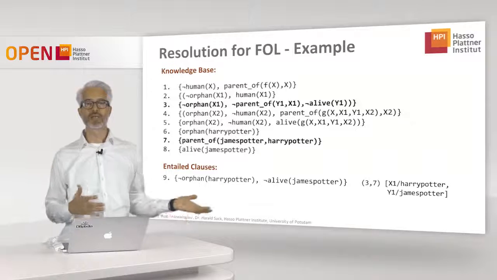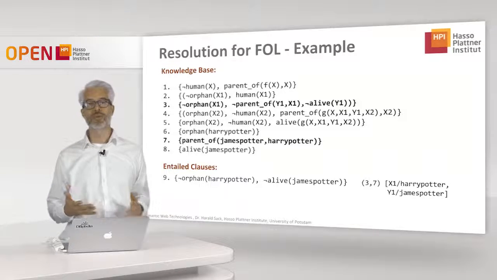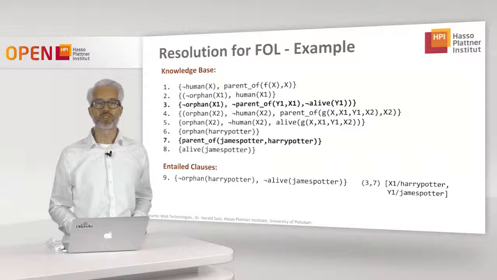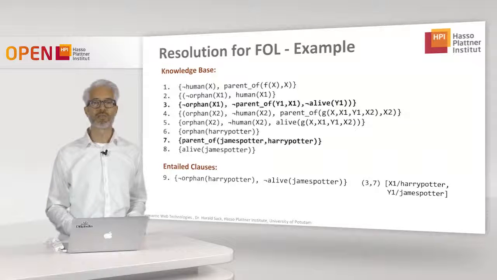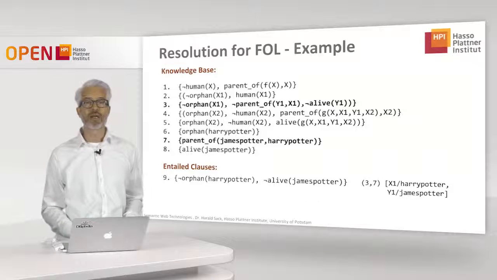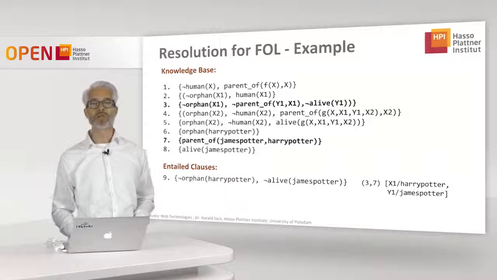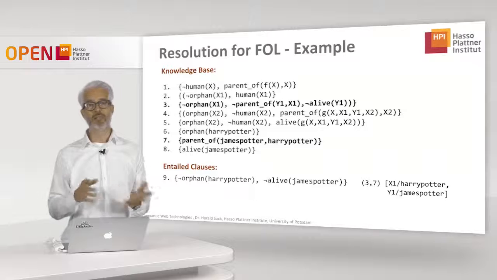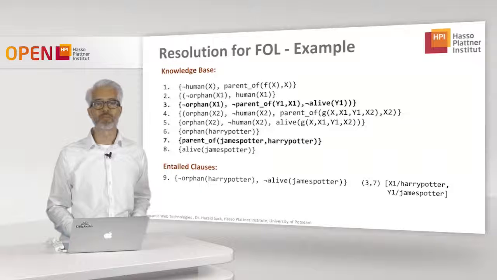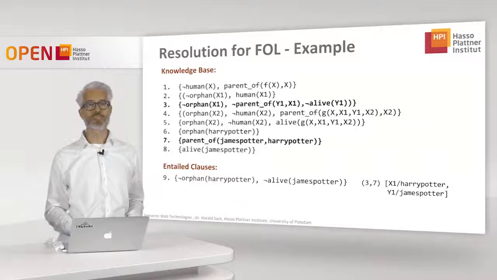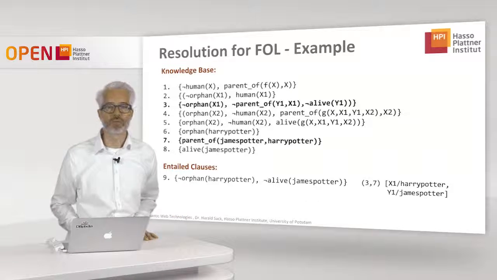What we can simply do here is substitute the variables in number 3, which is x1 with Harry Potter and y1 with James Potter. Then, of course, we could resolve this, and at every place do this substitution, ending in a new clause which says not often Harry Potter and not alive James Potter.